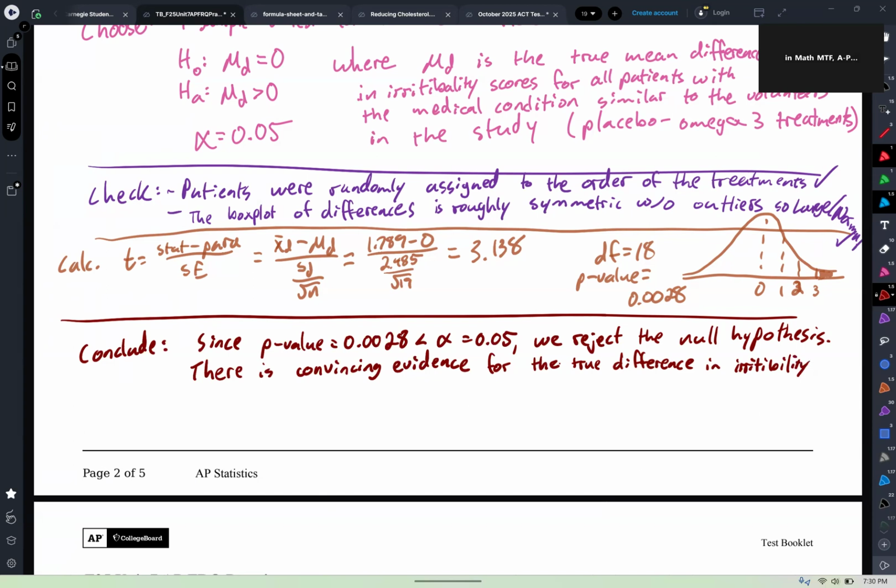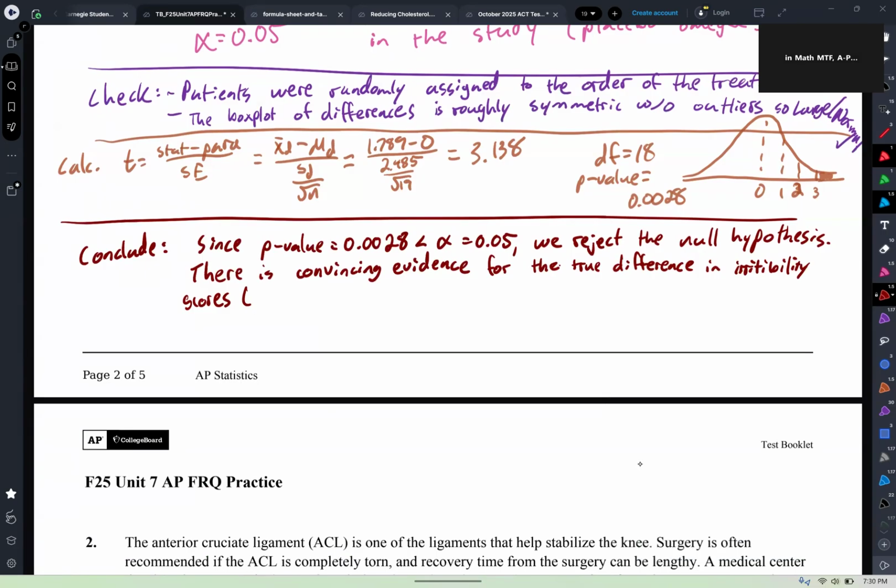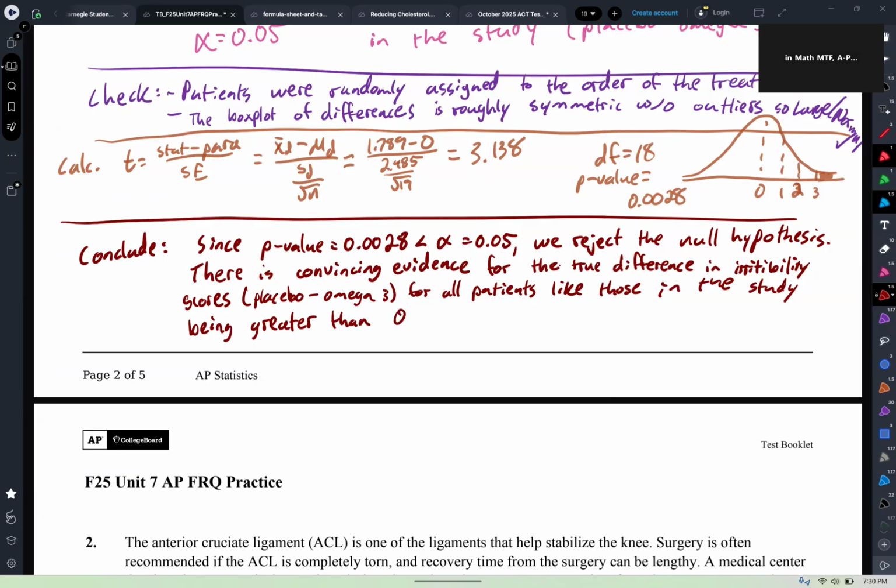Irritability. I don't think I spelled that right. Oh well. They won't dock you on the AP exam. Scores, placebo minus omega 3 for all patients like those in the study being greater than 0.